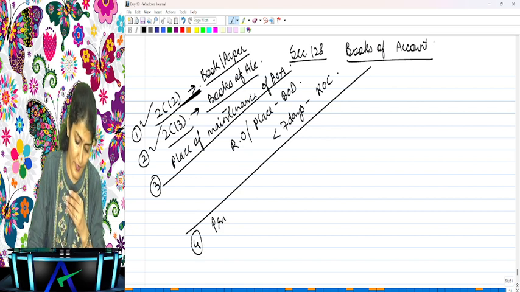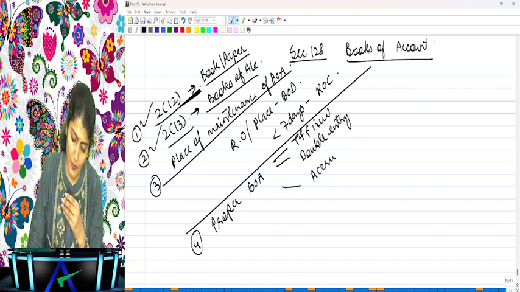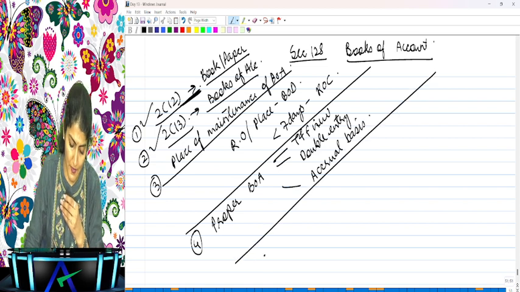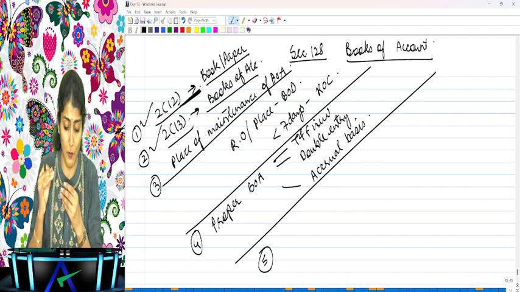Right, now we've already discussed this. When would you say that a company is maintaining proper books of account? If they give a true and fair view, double entry system of accounting, and also the accrual basis of accounting. Right, so that is what you mean by the proper books of account.